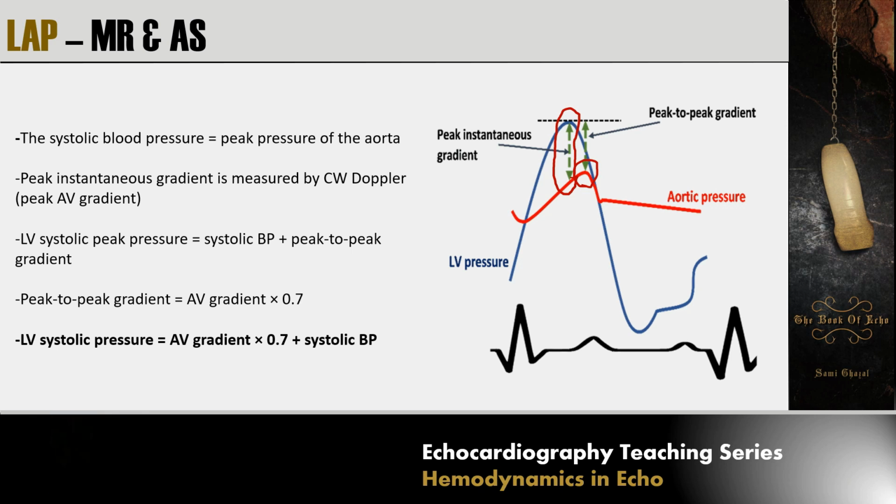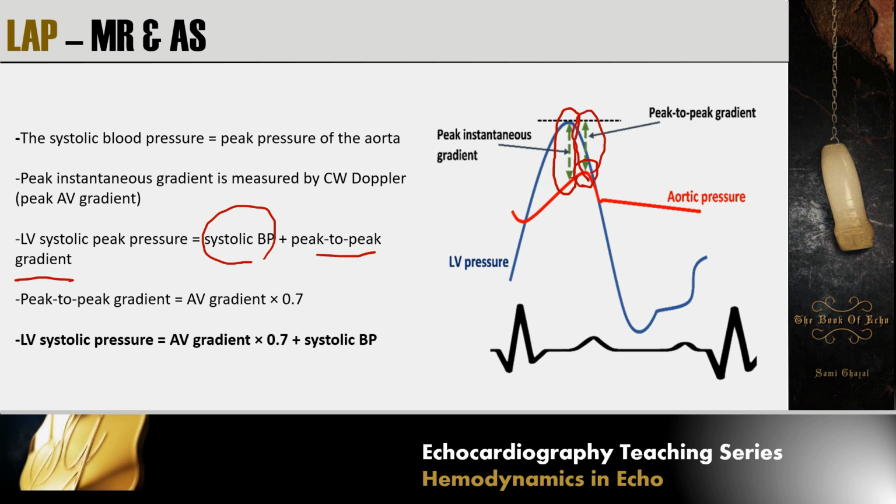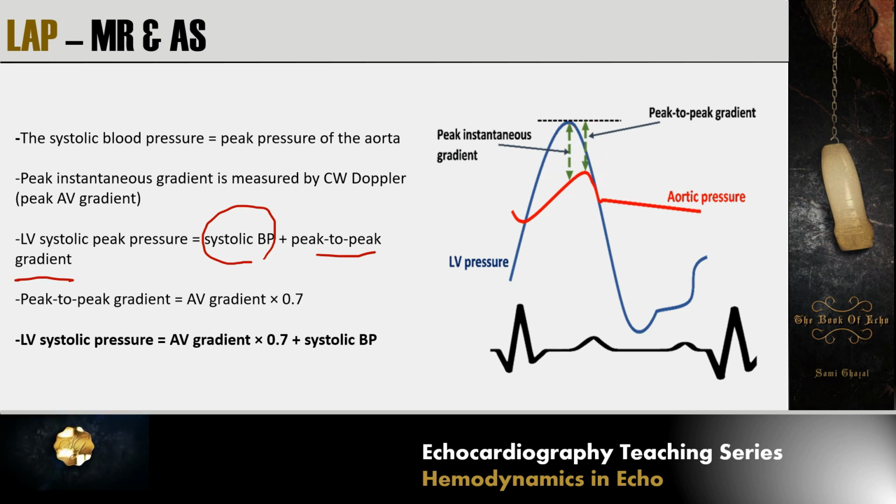The LV systolic pressure will equal the systolic blood pressure plus the peak to peak gradient, this small gradient here, not the higher gradient here, not the peak instantaneous. This is different. So we need to convert the peak instantaneous gradient into the peak to peak gradient. The way to do it is we multiply by a correcting factor, which is 0.7 or 70%. So peak to peak gradient will equal 70% of the aortic valve gradient.